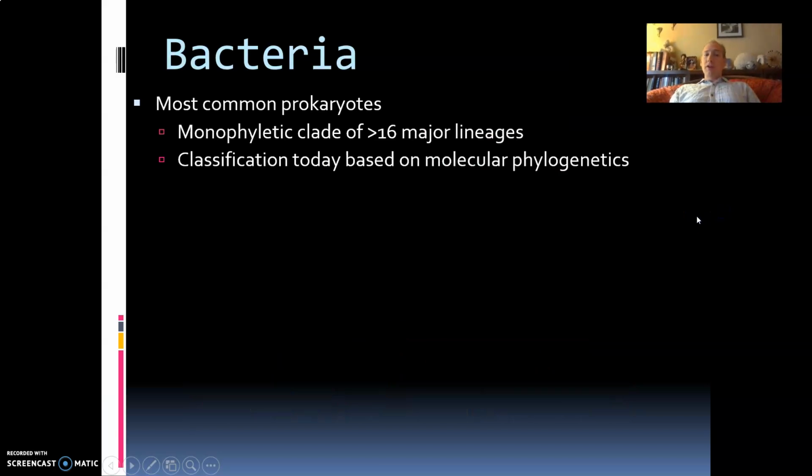Okay, so what we're going to do is go through our domains, the domain Bacteria and the domain Archaea. We'll do these in separate modules, and go through some examples. Now the textbook covers a lot more groups than we're going to cover, but we're going to do four major ones. We have domains, below domains are kingdoms, and then within kingdoms are phyla.